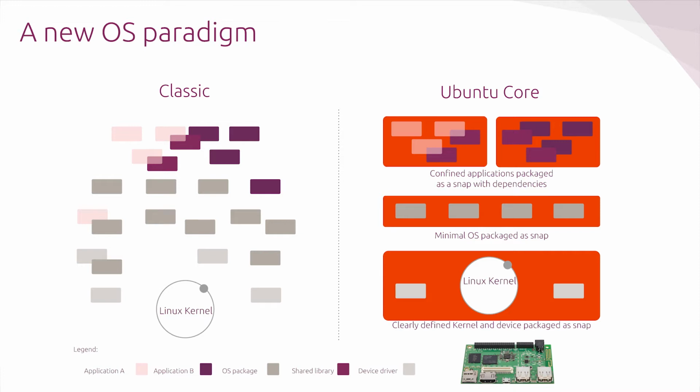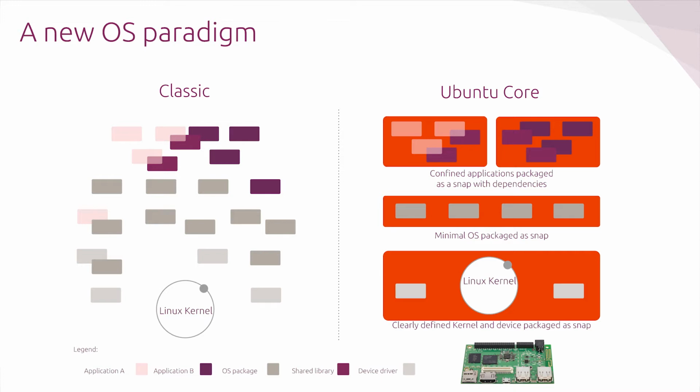Here we can see the high-level differences between Ubuntu Core and a classic Linux distribution. Classic Linux distribution's architecture is based on applications deployed as packages, which simply interrelate with each other. But with the appropriate permissions, they have full access to the full system. In Ubuntu Core, all the applications are based on snaps, and these snaps are strictly confined.